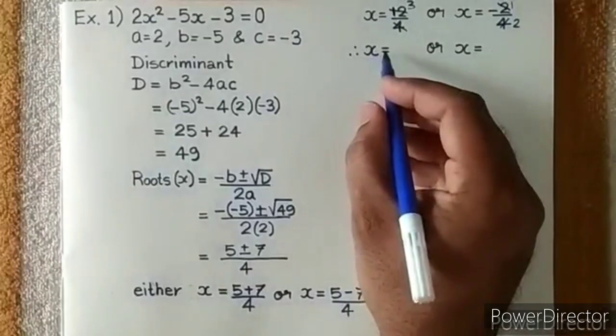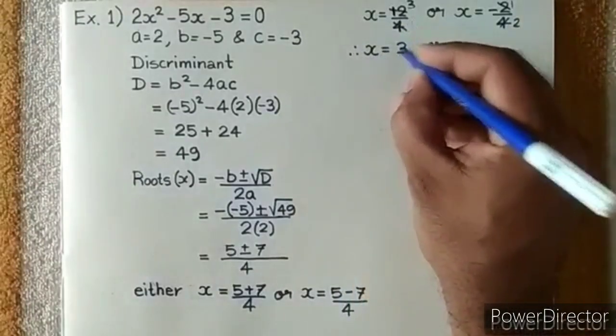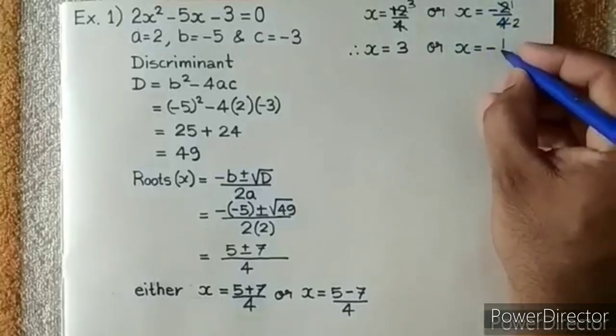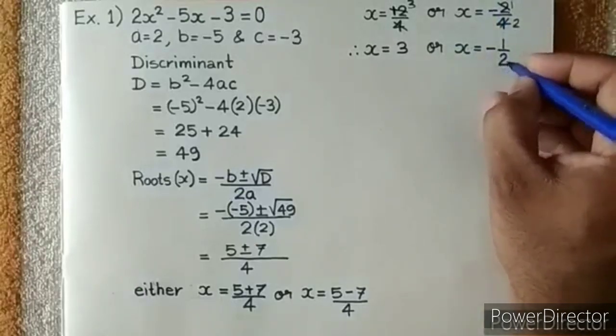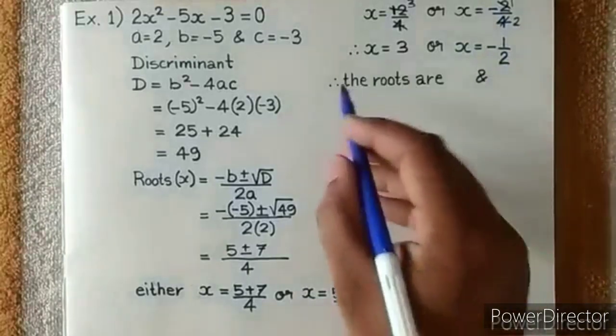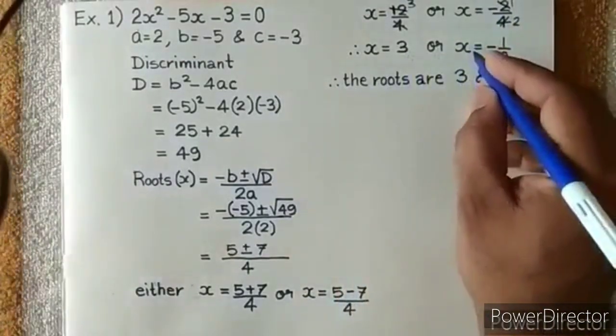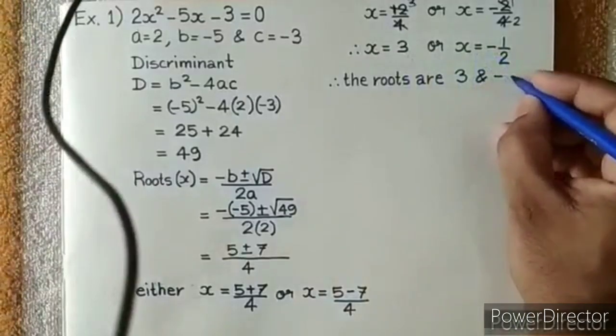Therefore x equals to 3 or x equals to negative 1 upon 2. Therefore the roots are 3 and negative 1 upon 2.